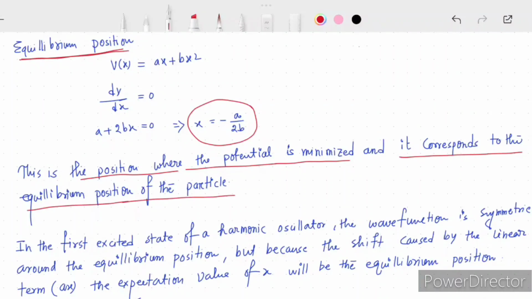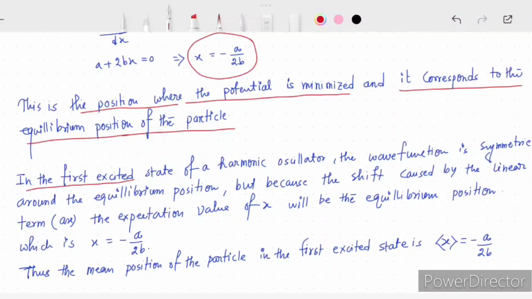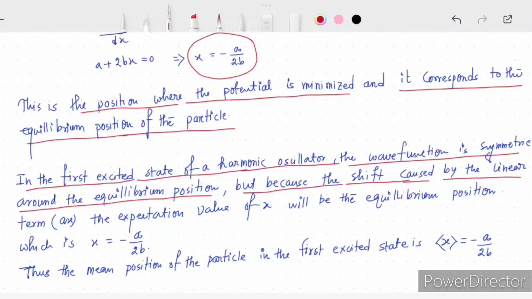In the first excited state of the harmonic oscillator, the wave function is symmetric around the equilibrium position, obviously. Please remember this point: because of the shift caused by the linear term, the expectation value of x will be the equilibrium position.